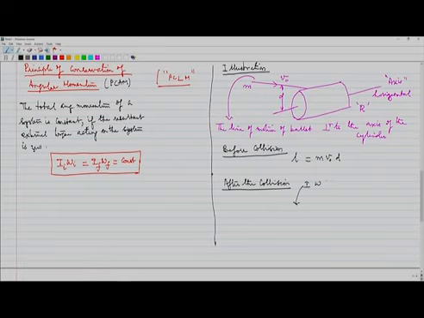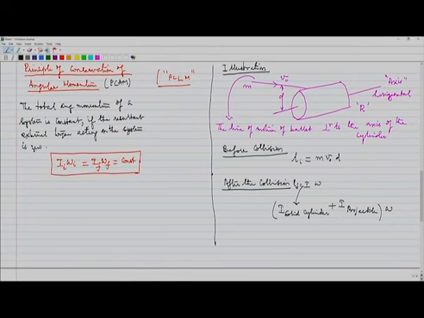I is the I of the solid cylinder plus the I of the projectile, because the projectile got itself embedded onto the cylinder, and this times omega. I will call it L final.